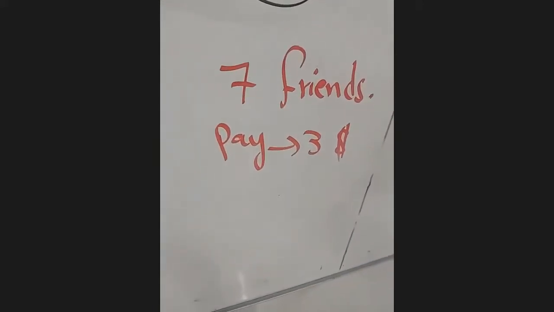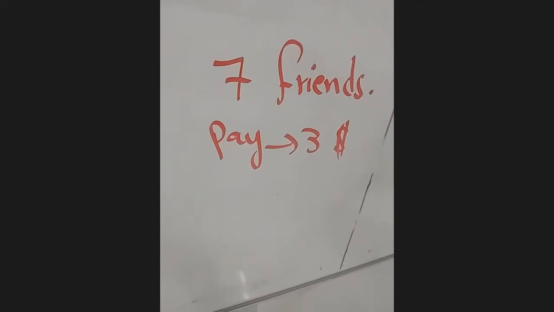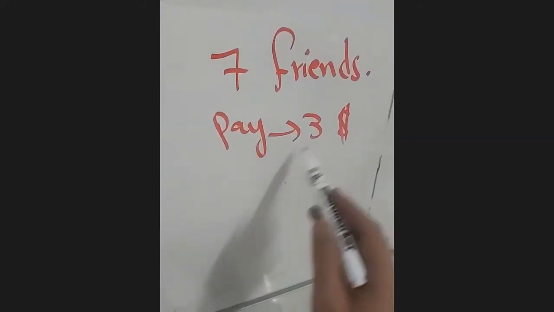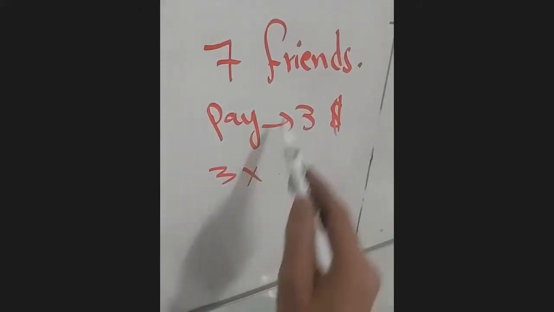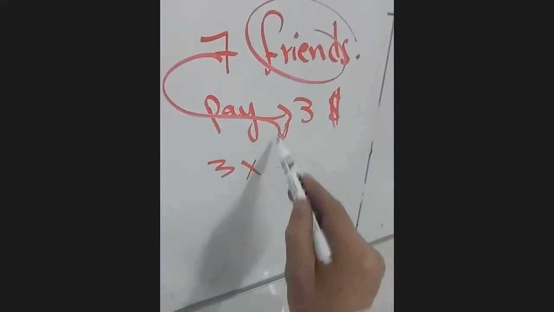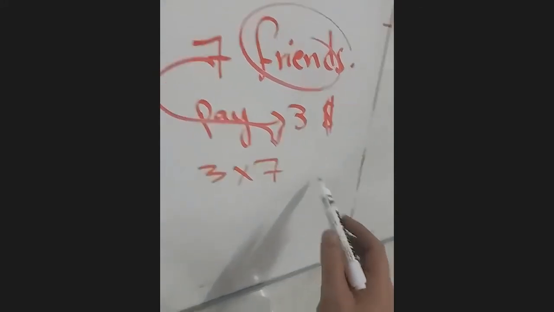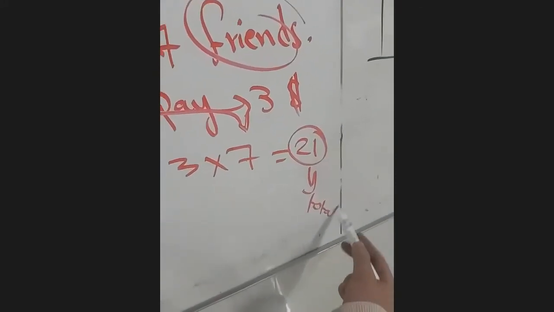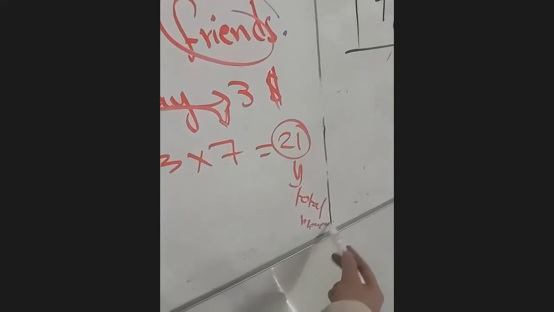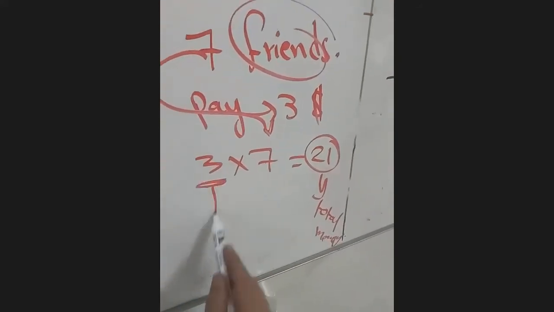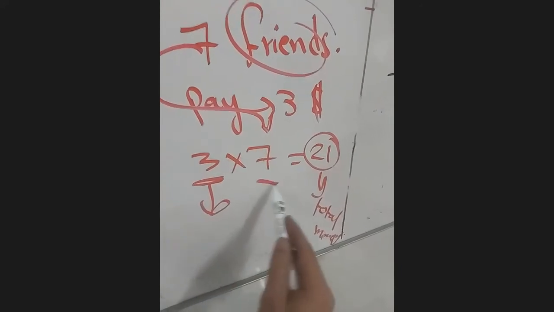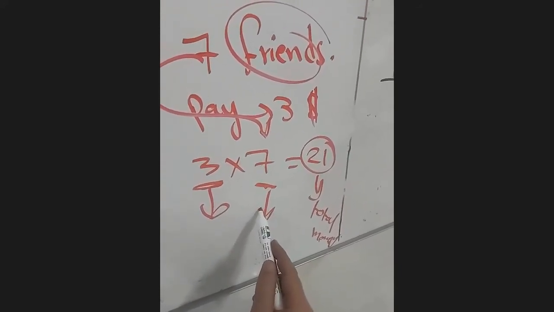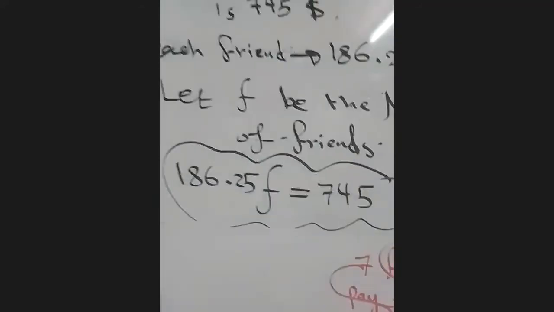By multiplication. The 3 multiplied by the number of friends, which is 7, equals 21. This is the total money, right? Yes. And this is how much each person will pay, and this is the number of persons, right? Yes, good.